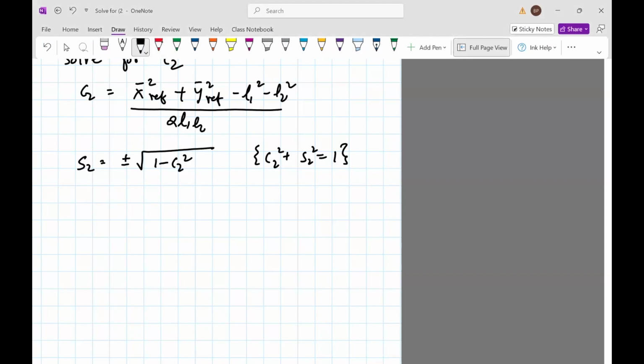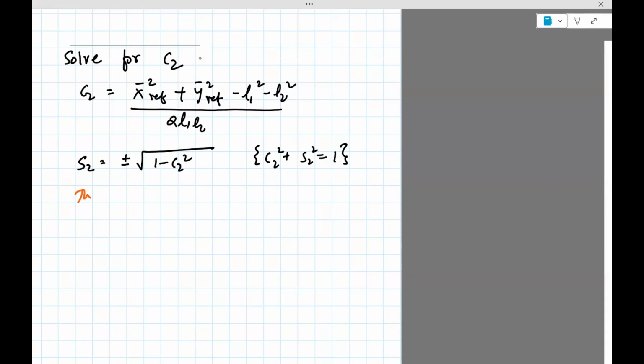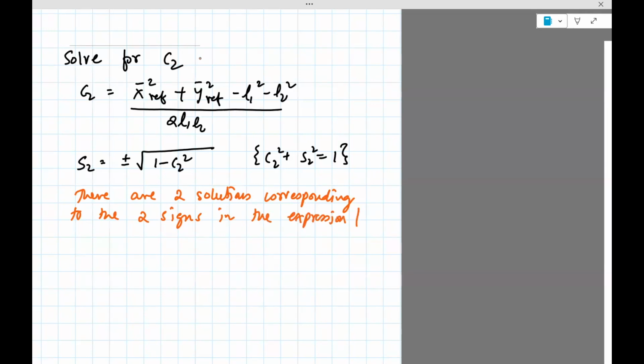So the key thing is there are two solutions corresponding to the two signs in the expression for S2.